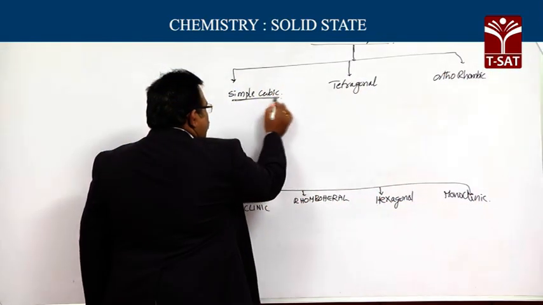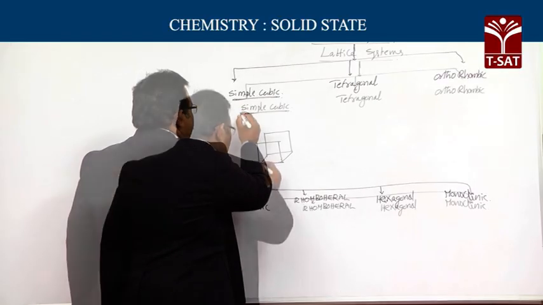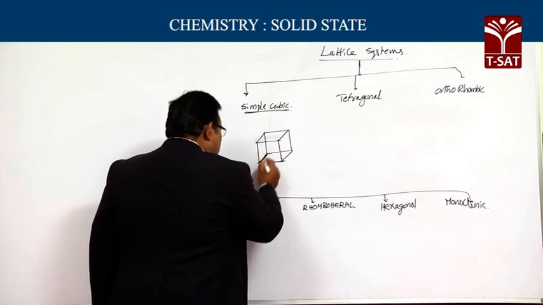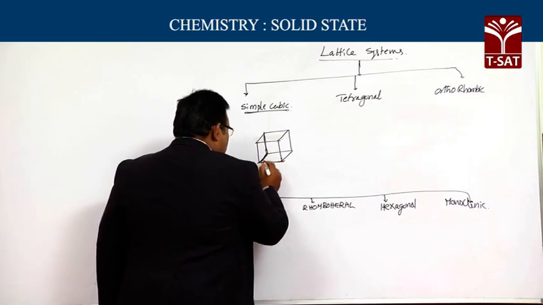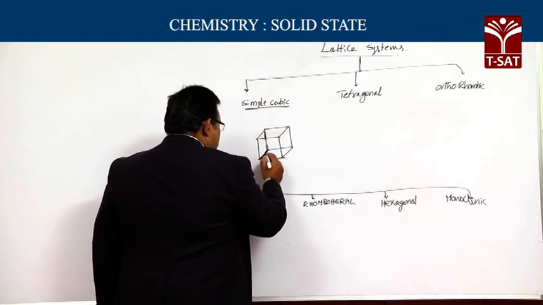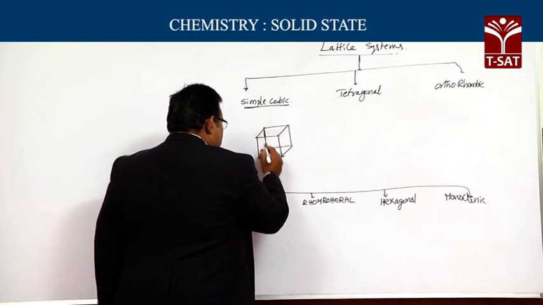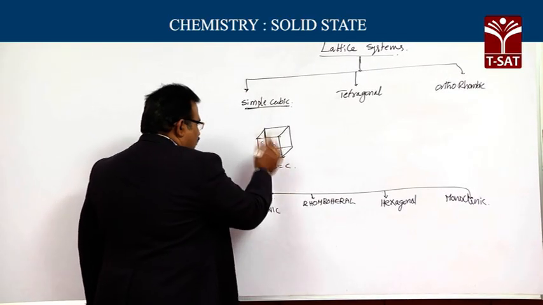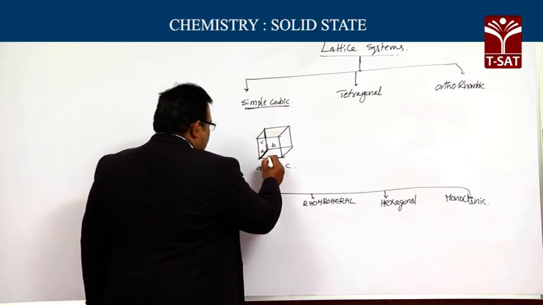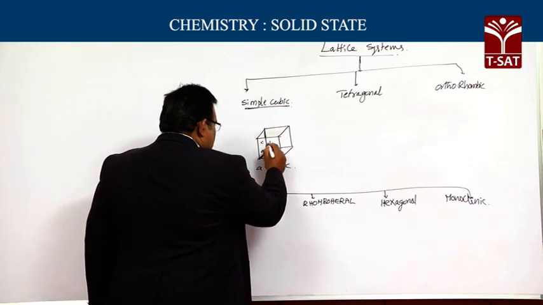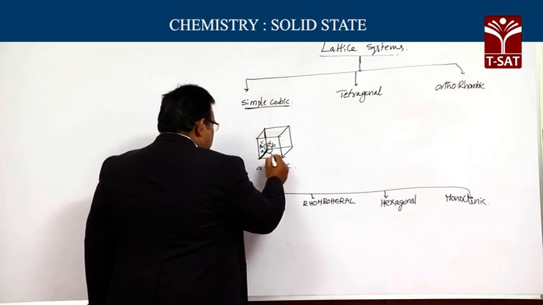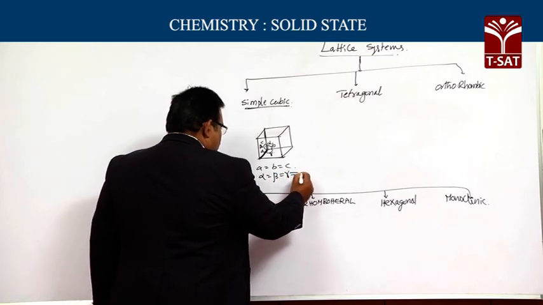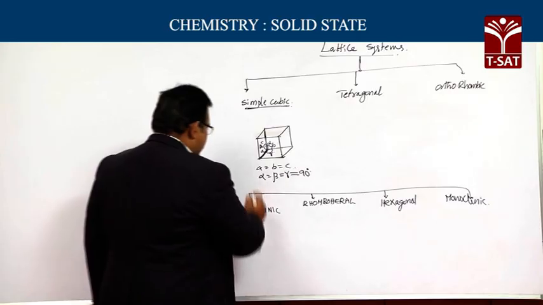Let us talk about the simple cubic system. See, this length, this length, this length: a, b, c. a is equal to b is equal to c. They are equal. This is alpha, beta, gamma. Alpha is equal to beta is equal to gamma, exactly 90 degrees.